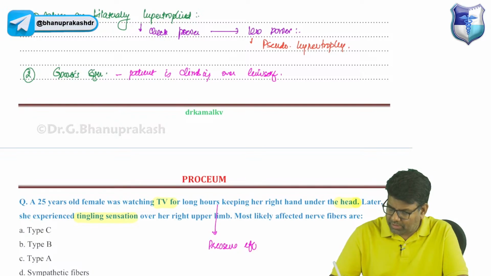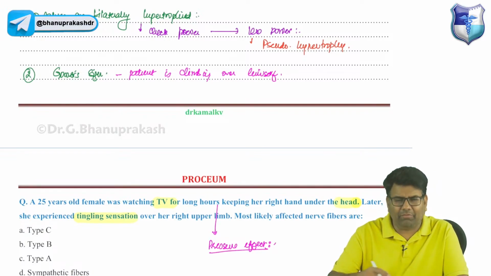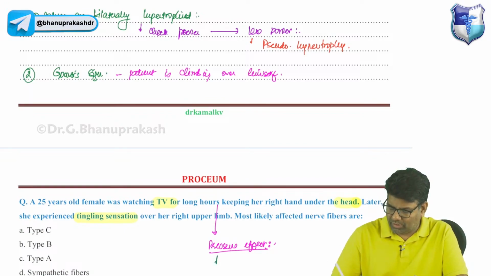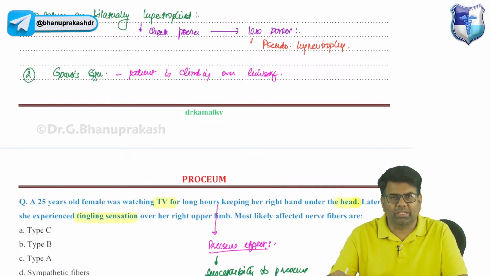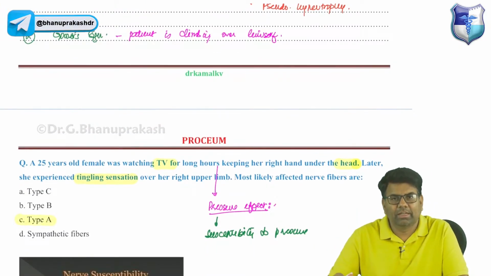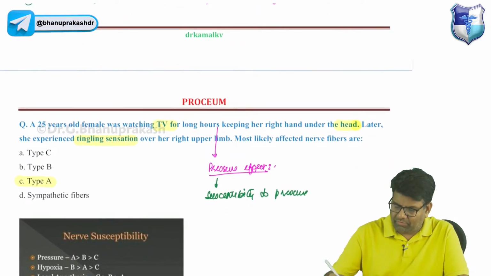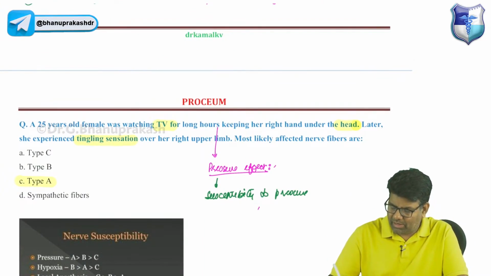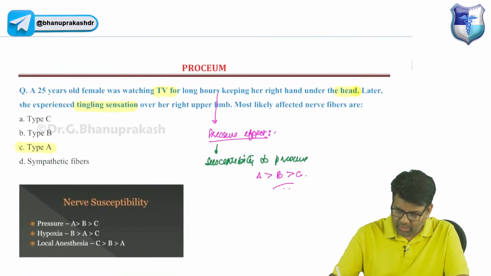And we have the sequence in terms of susceptibility to pressure, and that sequence is ABC. So the answer would be type A fibers. A fibers are most susceptible, followed by B. The answer is A. Right?